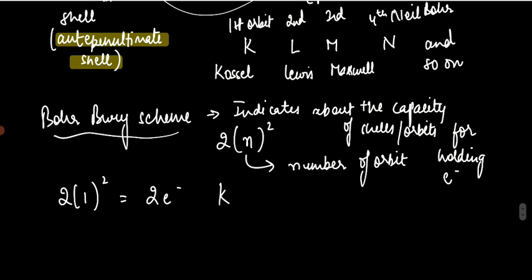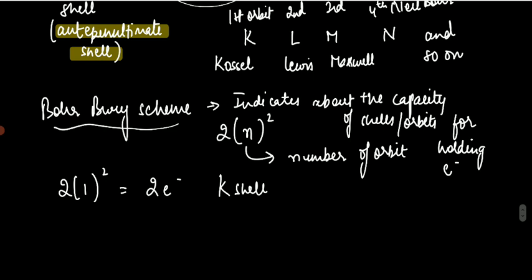So this is our K shell holding only 2 electrons. Now it totally depends upon the space. So the K shell, the very first shell near the nucleus, has a capacity of holding only 2 electrons. If we forcefully add a third electron over there, because of electronic repulsions, it will jump to the next shell.